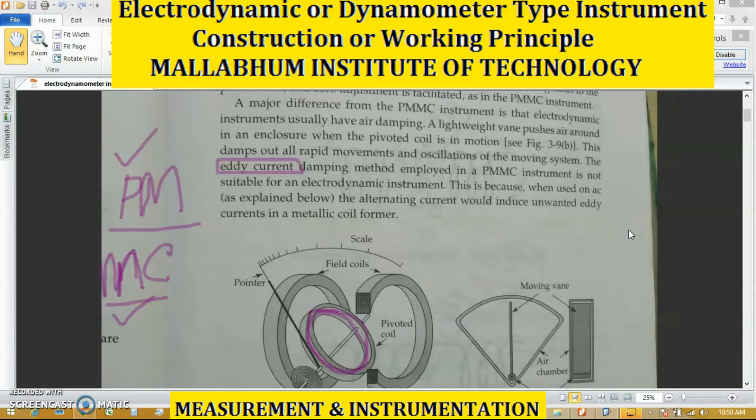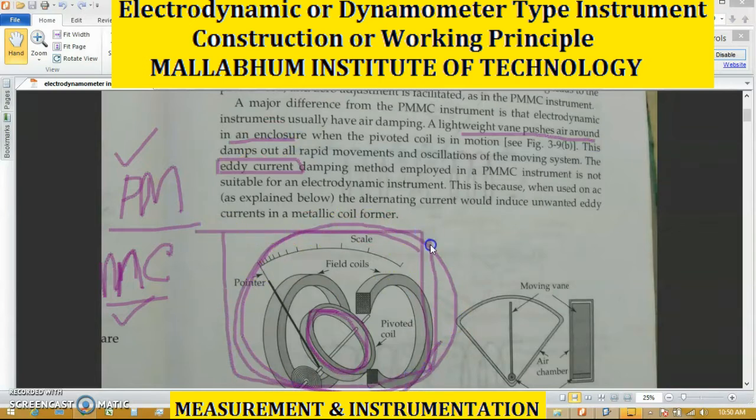Here this principle is not applied. Here we employ an air vane or air chamber. This lightweight vane pushes air around the enclosure, that means the arrangement is enclosed by air. This air causes some amount of friction which prevents the pointer oscillation. That is another difference from the PMMC instrument.